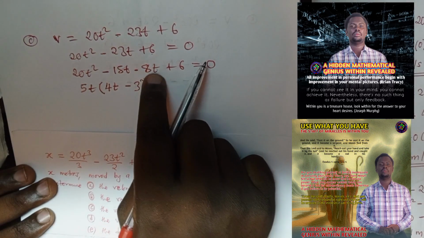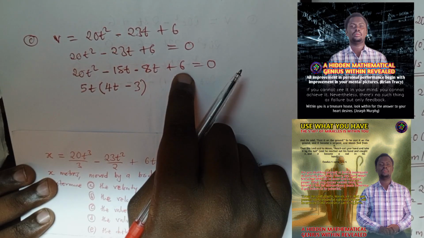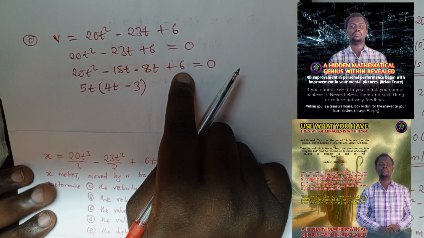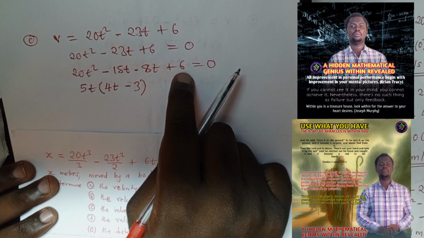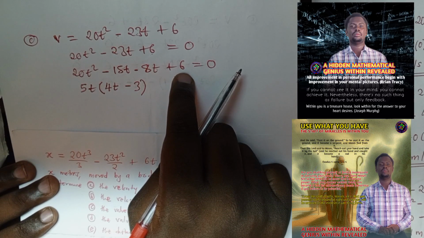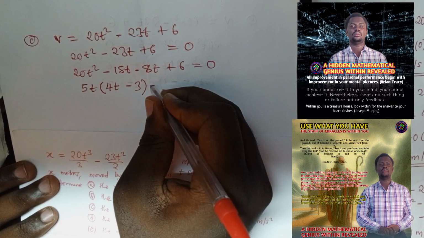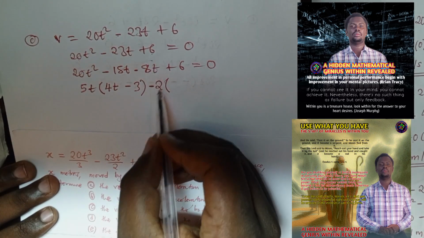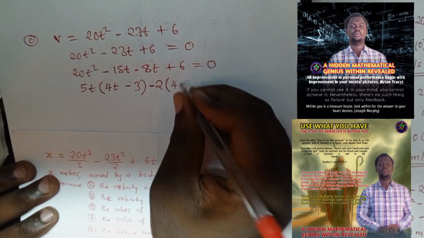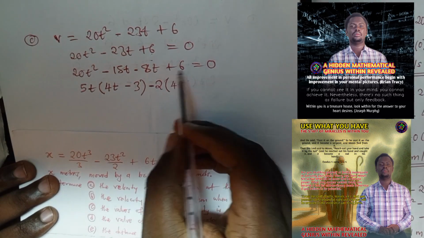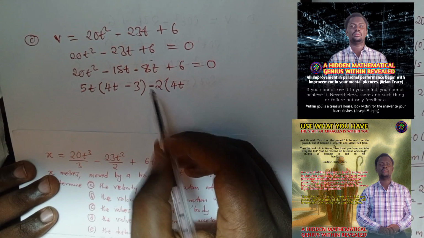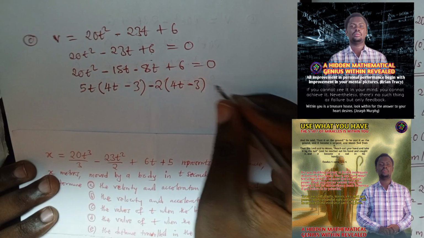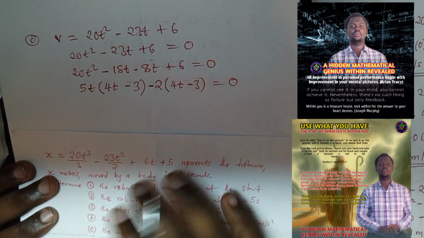In minus 8t and 6, what is the highest common factor? The highest common factor will be minus 2. Minus 8t divided by minus 2, you get 4t. 6 divided by minus 2, you get minus 3. This is equal to 0.